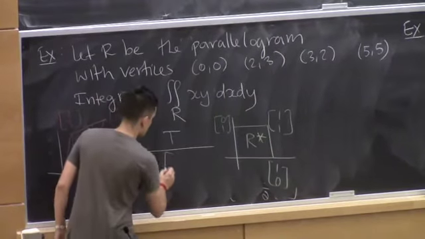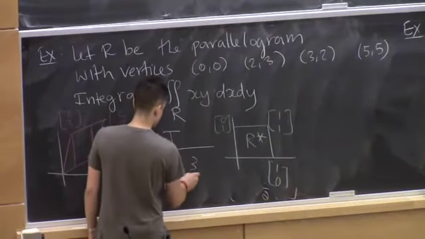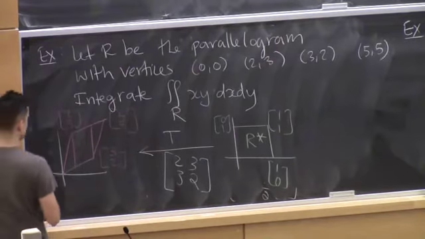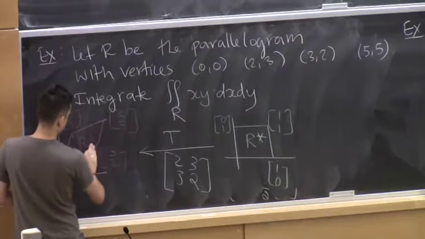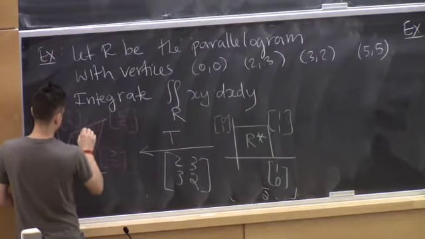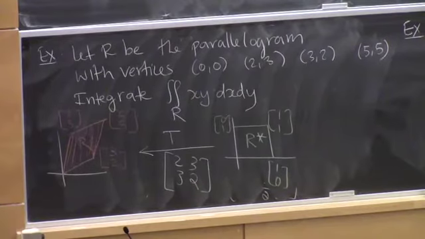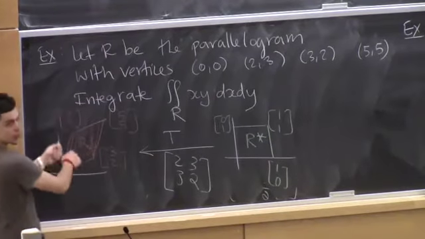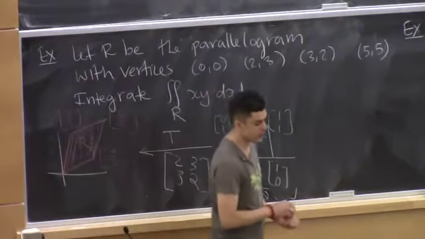Then we transform it according to this guy here. And we get this region here, R. Okay, so what we're going to do is use change of coordinates to, instead of integrating over R, which has all sorts of corners and is tricky to set up, integrate over R star instead.